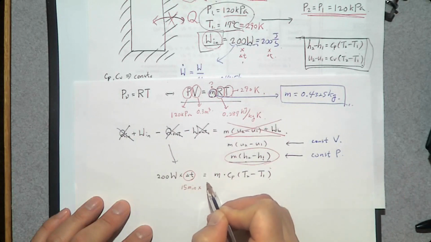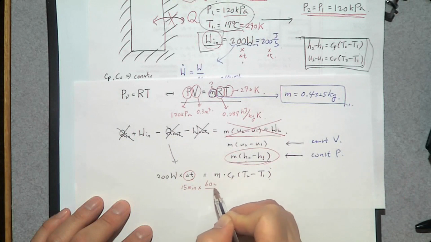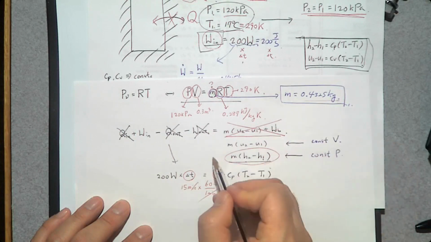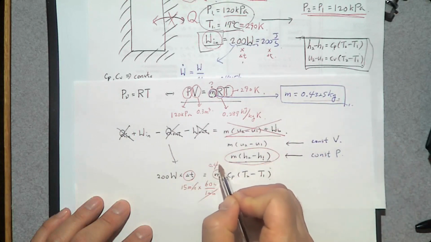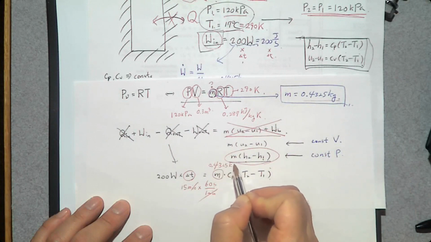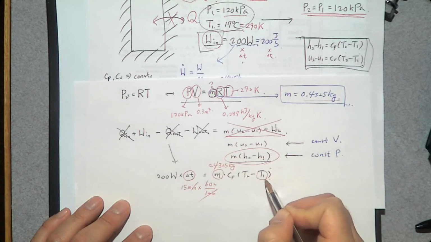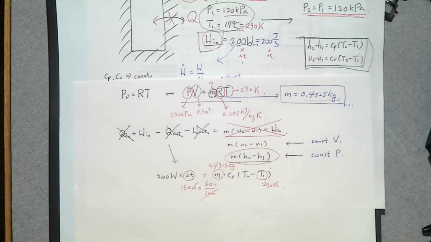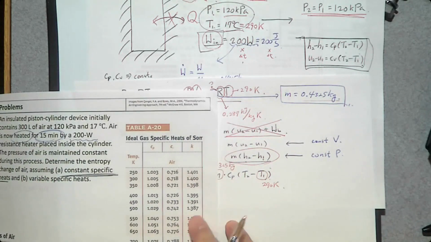So that is 15 minutes times 60 seconds per 1 minute. And the mass is here, 0.4325 kilograms. T1 is 290 Kelvin. And Cp can be found from table A20 here.